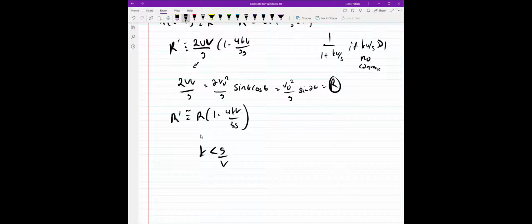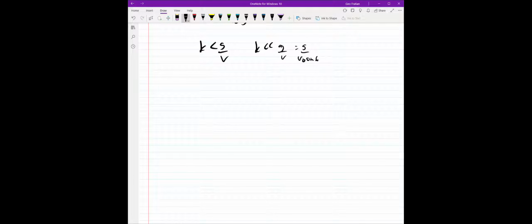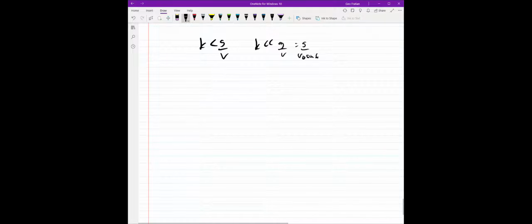And if we want an accurate approximation, then we really want k to be much, much less than g over v, which is equal to g over v naught sine theta. Now, you can also solve this with the numerical method, where you put it in a calculator or a computer, and it does it via iteration until it converges, and it's the same thing. But okay, so now we see how retarding forces affect it, and a little foray into the perturbation method, where you just do a Taylor series approximation.